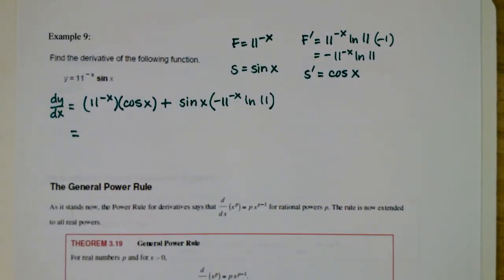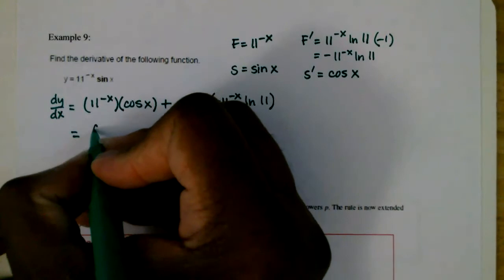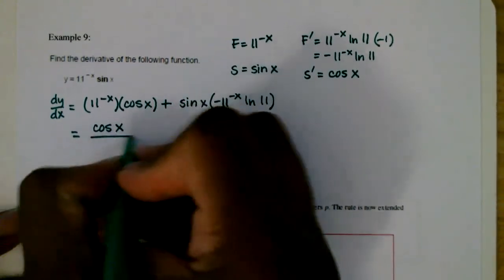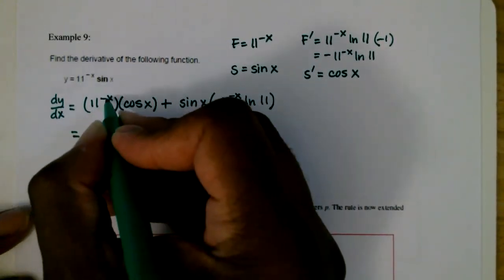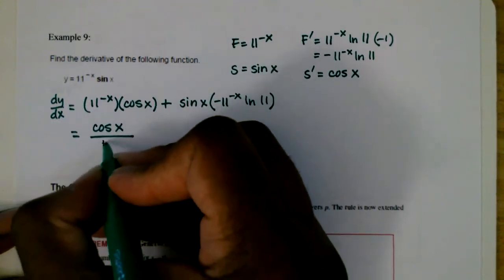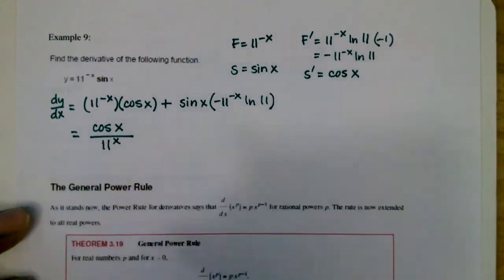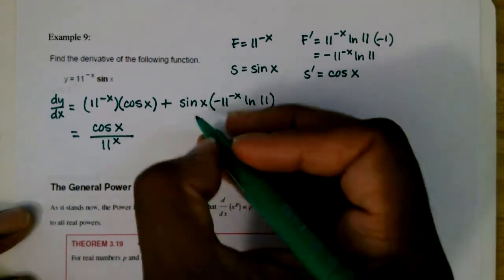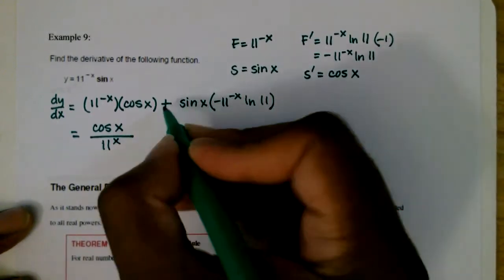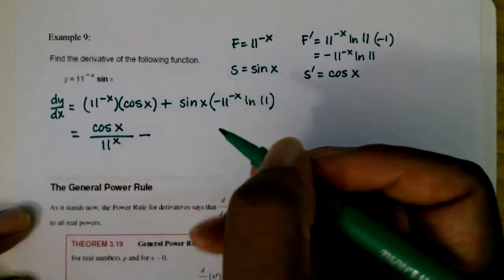Okay, now if I rewrote 11 to the negative x using positive exponents, this is what I have. The cosine of x will be in the numerator. Then 11 to the negative x, if I pull that into the denominator, it'll be just 11 to the x. And then this negative will make that plus a minus.